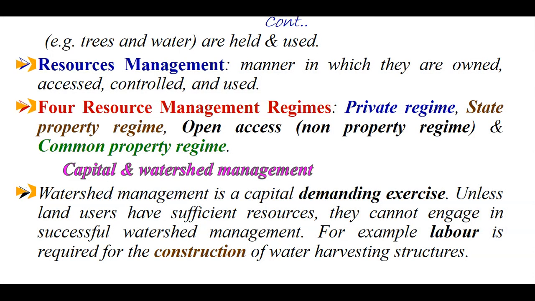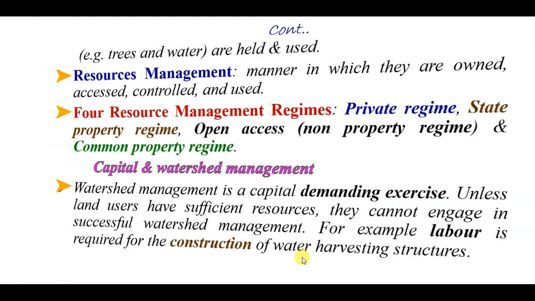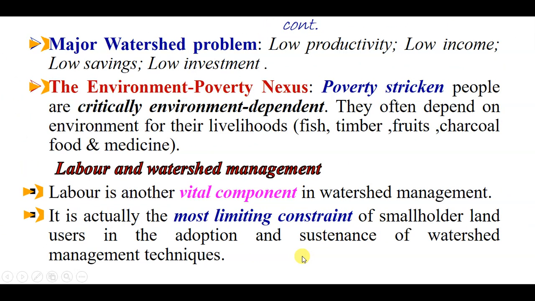Capital and watershed management. Watershed management is a capital-demanding exercise. Unless land users have sufficient resources, they cannot engage in successful watershed management. For example, labor is required for the construction of water harvesting structures.